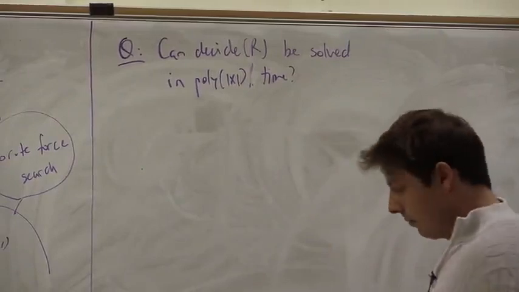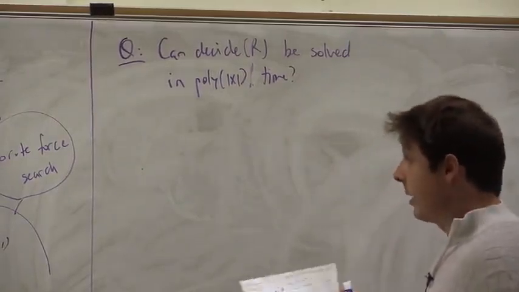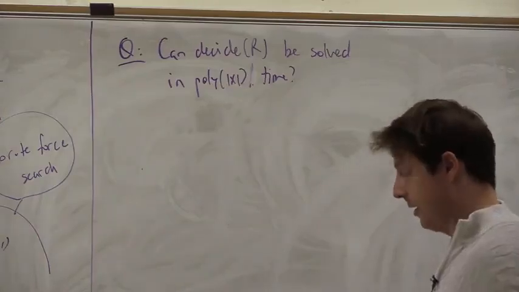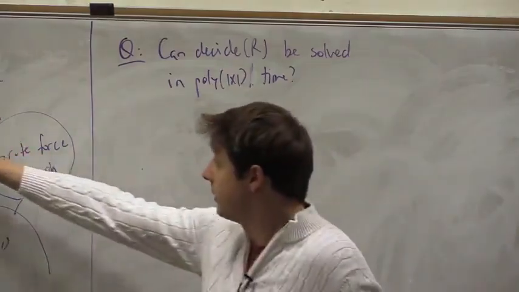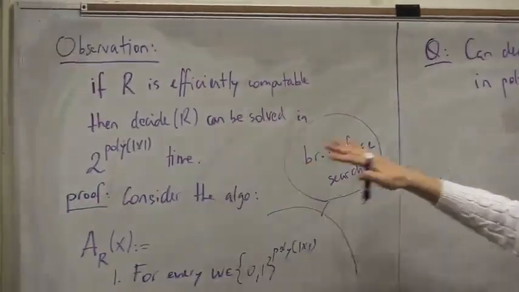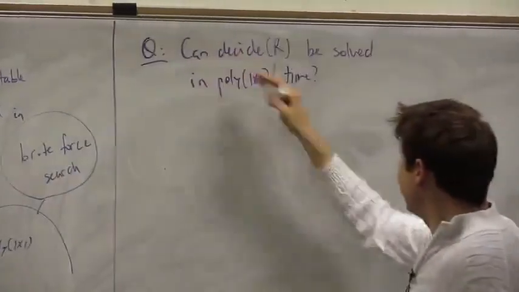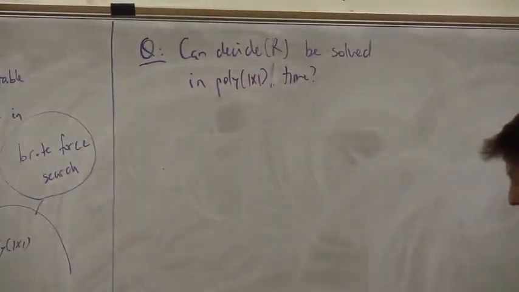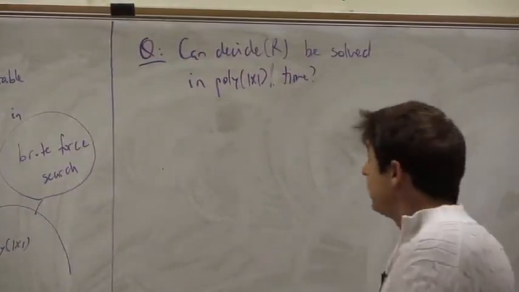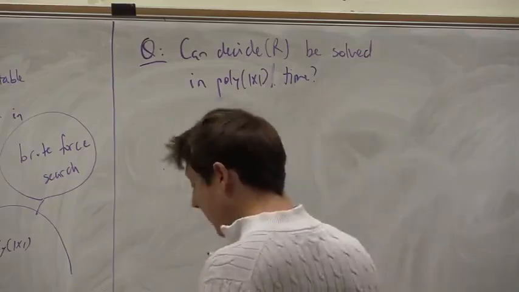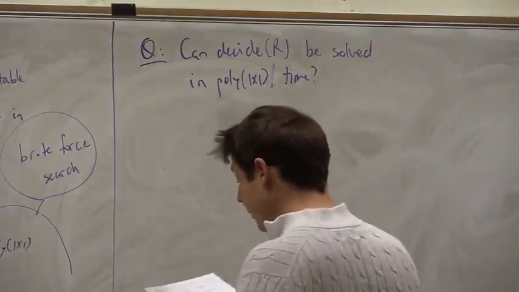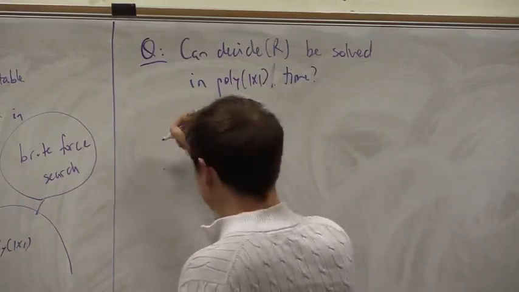Yeah, so the summary is that the decision problem for R can always be solved in exponential time, and really the question is, for what relations R can it be solved in poly X time? Okay, so this leads to the notion of P and NP, okay, that I'm going to define right now.